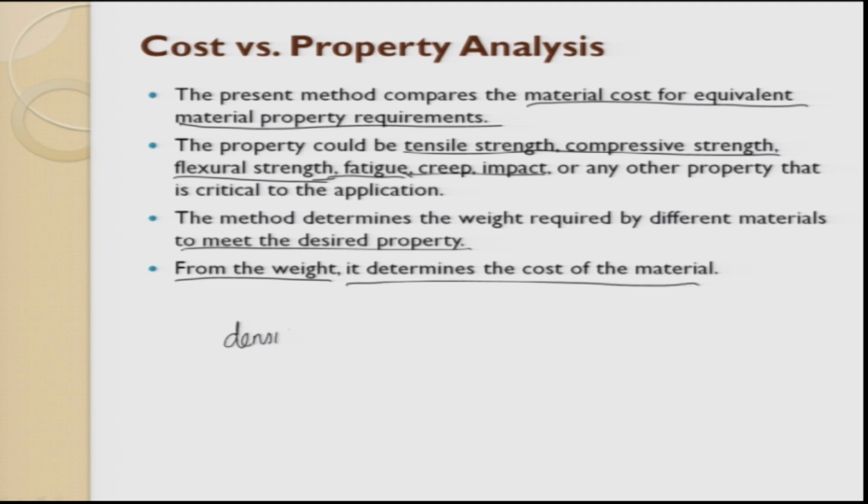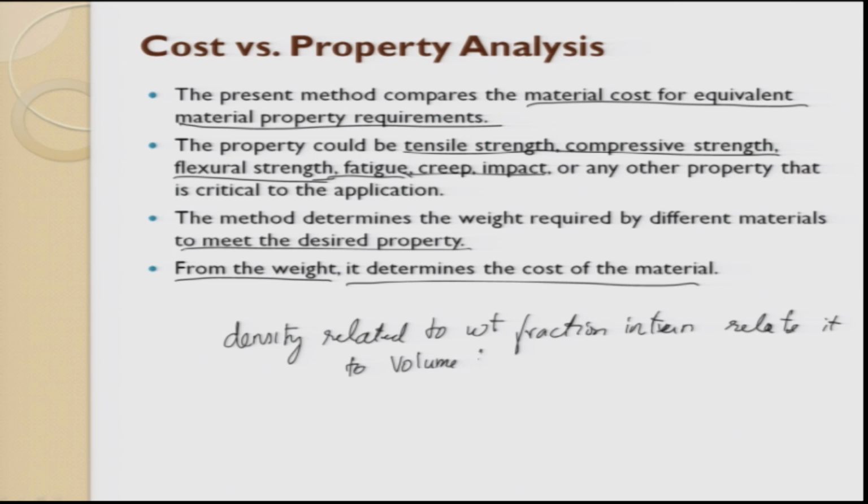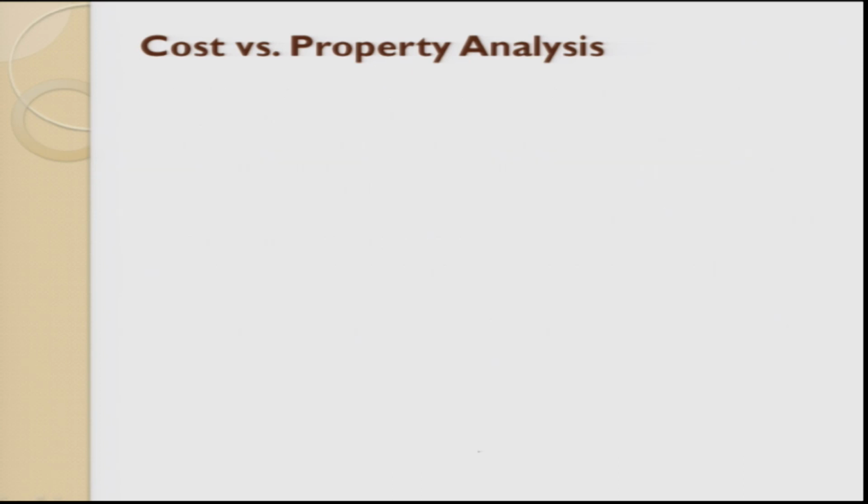Last class we saw density related to weight fraction, and that in turn you can relate to volume fraction. So this is what we saw in the last class, the last derivation which I did. Now let us take a simple example and start working.